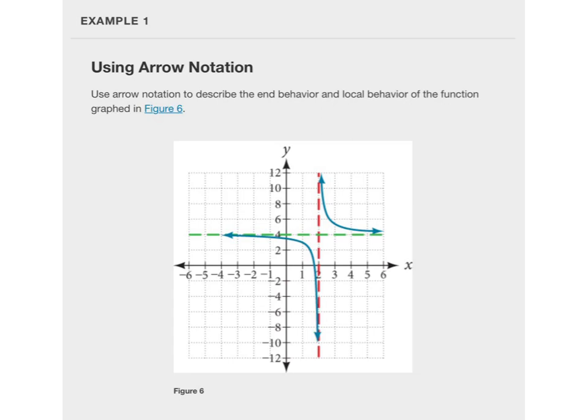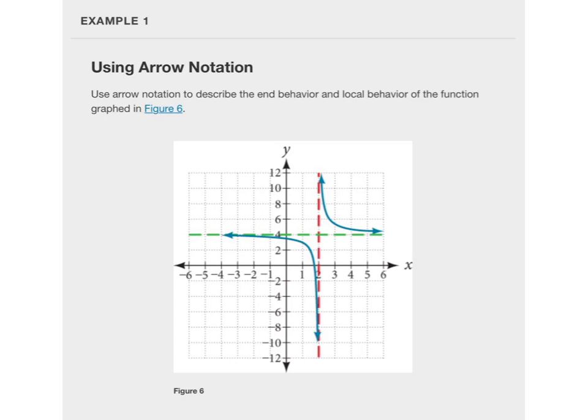Just so that we can talk about these arrows. Are we okay? Okay. So let's start.